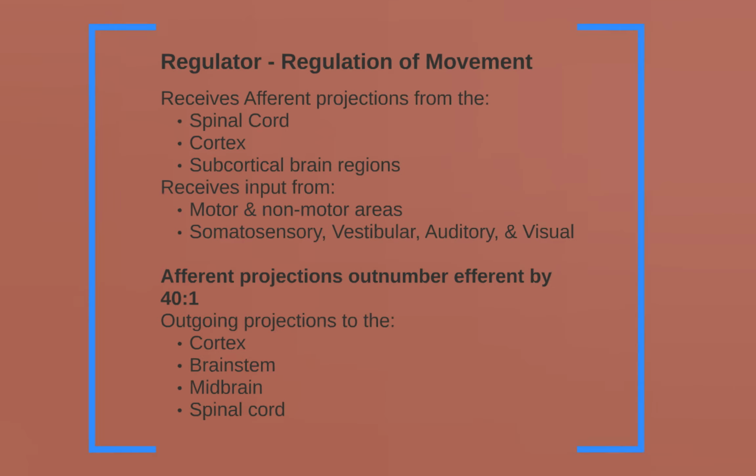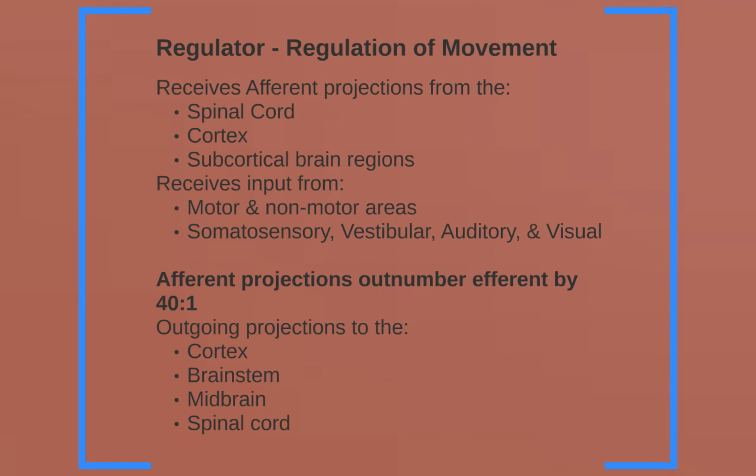And as we dive a little bit deeper into that, we start with the regulator. In regulating the movements, it receives afferent projections from spinal cord, as well as the cortex and subcortical brain regions. It also receives input from the motor and non-motor areas, as well as sensory, somatosensory, vestibular, auditory, and visual.